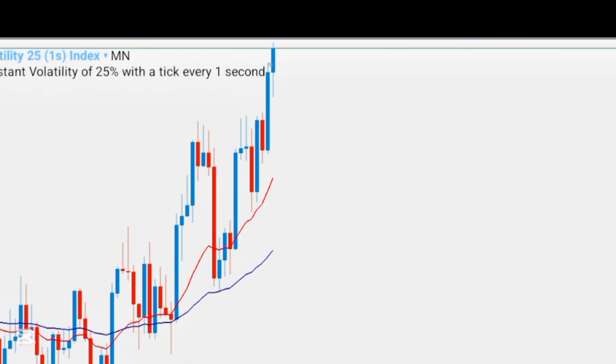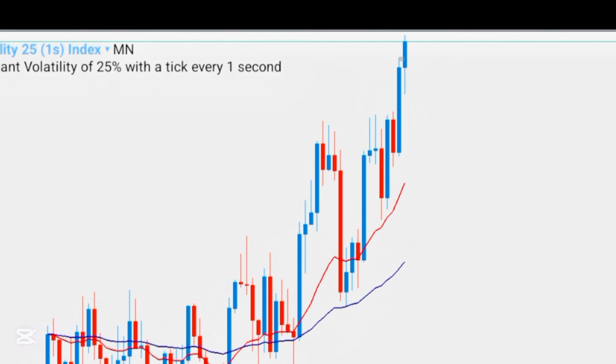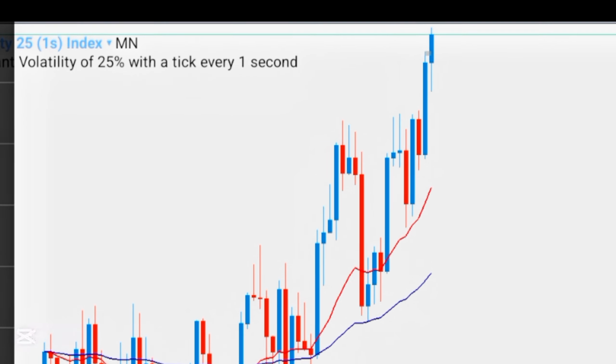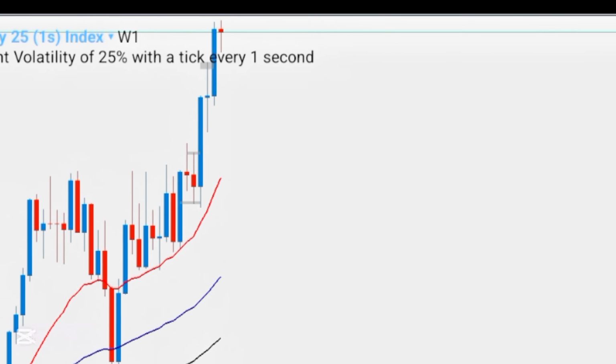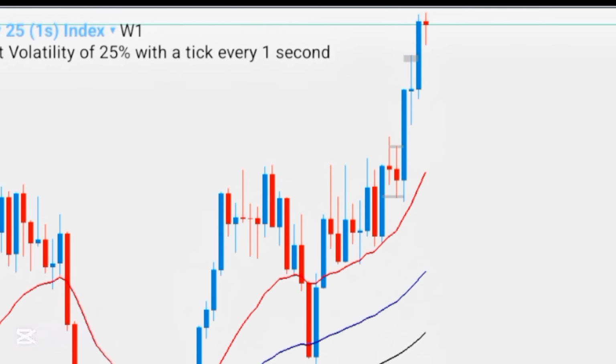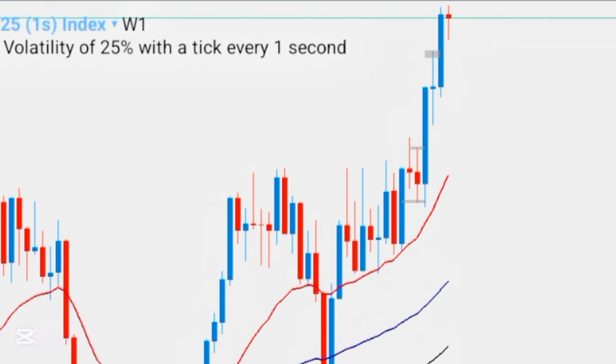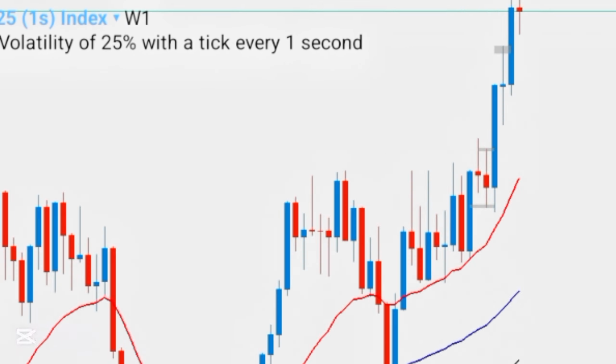Do you understand? So without confusing, this is the monthly time frame. Then you come to the weekly time frame. You see the market is still going up.